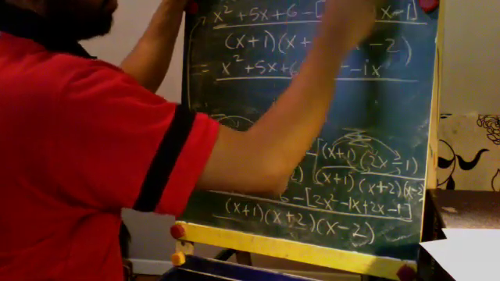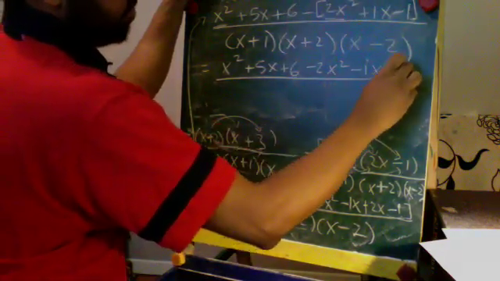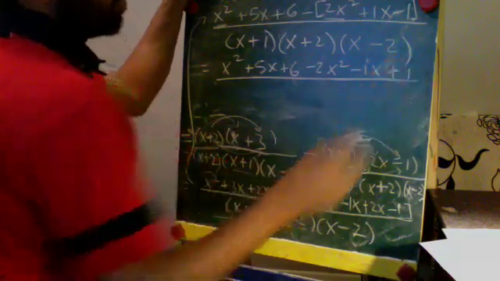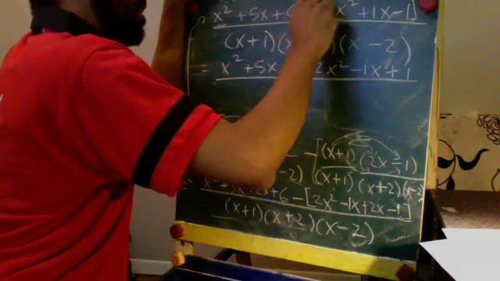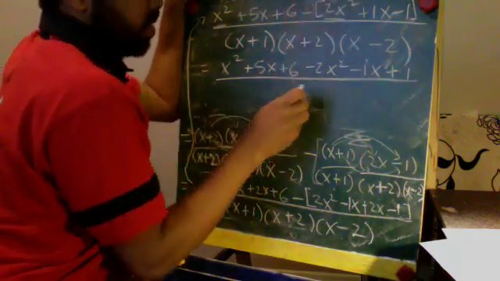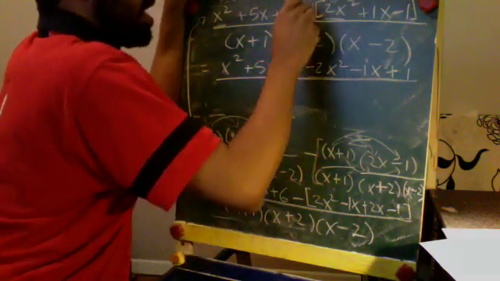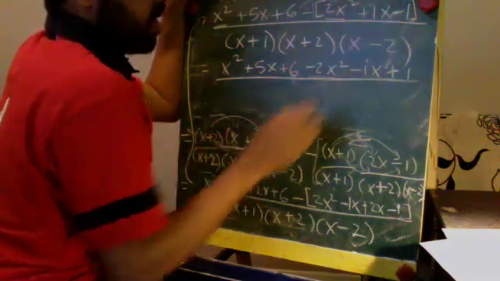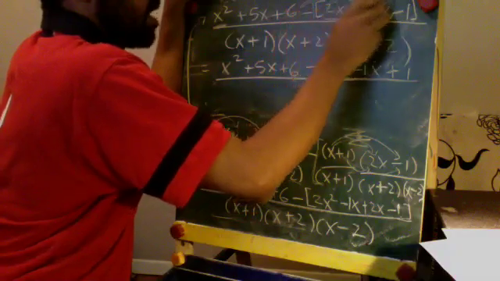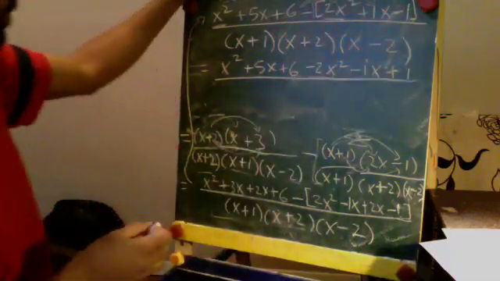So the negative and the negative becomes a positive. Let's just do that again. It's like I have this invisible 1 here. Negative 1 times 2x squared is going to be negative 2x squared. Negative 1 times a positive 1x is going to be a negative 1x. And negative 1 times a negative 1 is going to be a positive 1.